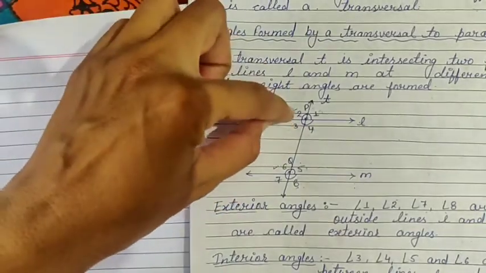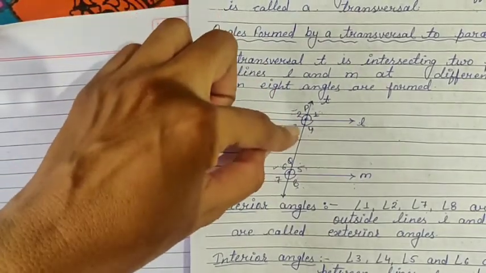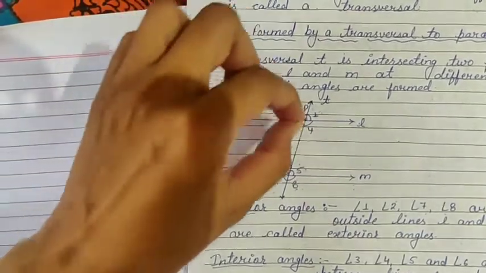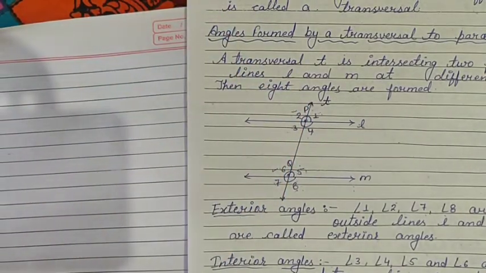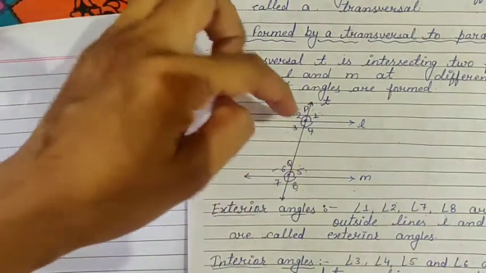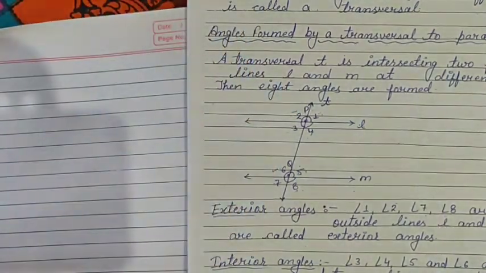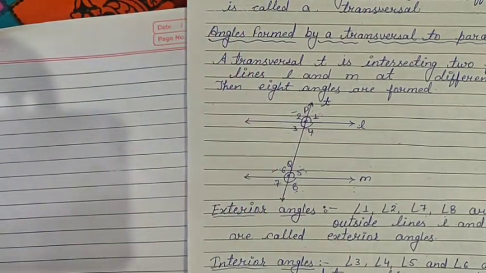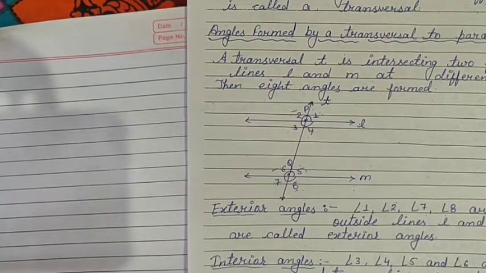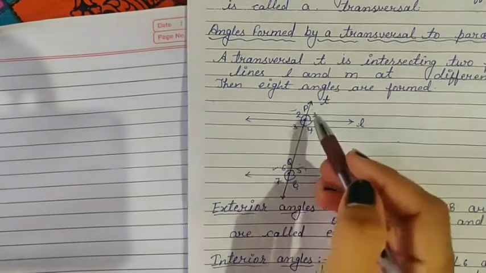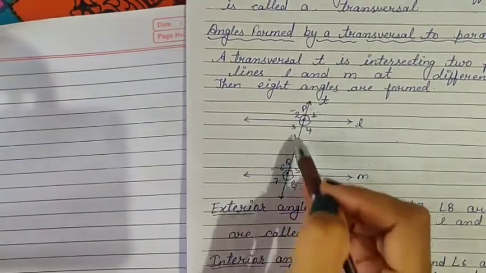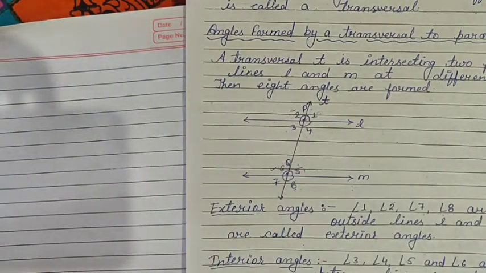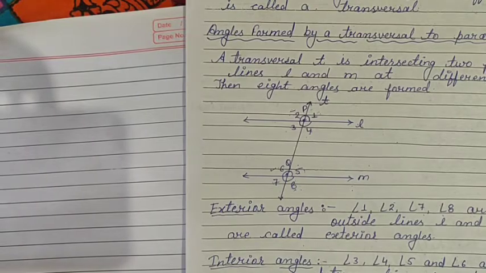If I take exterior angle 2 and interior angle 3, then these two angles form a linear pair. So these two angles are not corresponding angles. Angles 2 and 6 are corresponding angles because they do not form a linear pair. Okay, so these are corresponding angles. Angles 1 and 5, angles 4 and 8, angles 2 and 6, angles 3 and 7. These angles are pairs of corresponding angles.